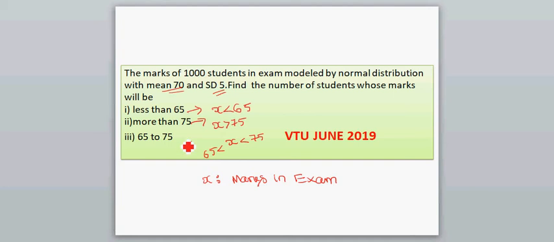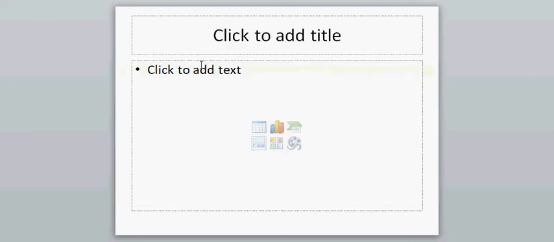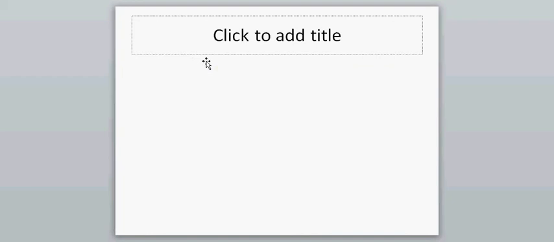So in this question we want to calculate the probability that X is less than 65, second the probability that X is greater than 75, and third the probability that X is in between 65 to 75. First we will use the standard normal variate Z formula to convert into variable Z.